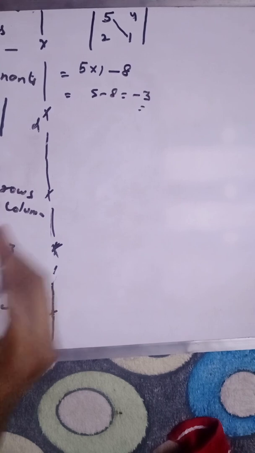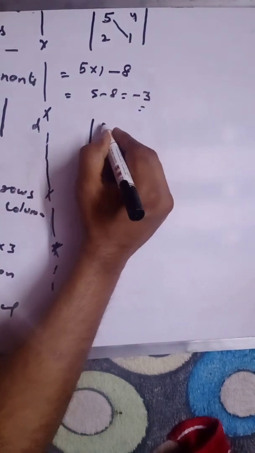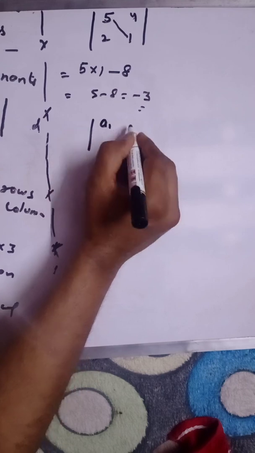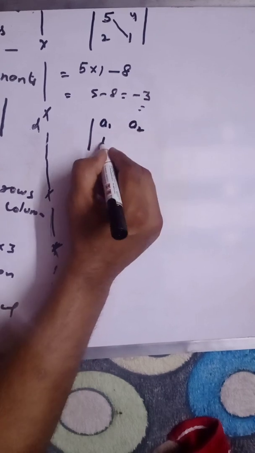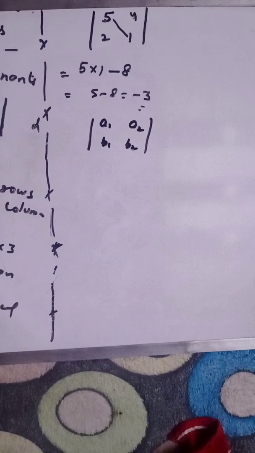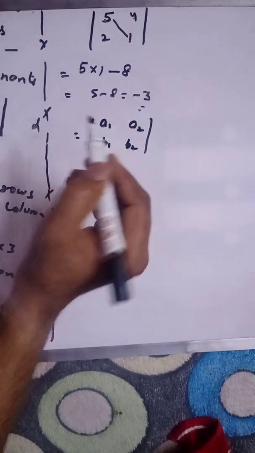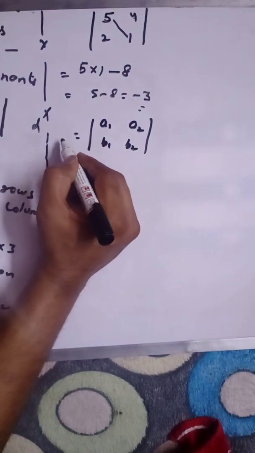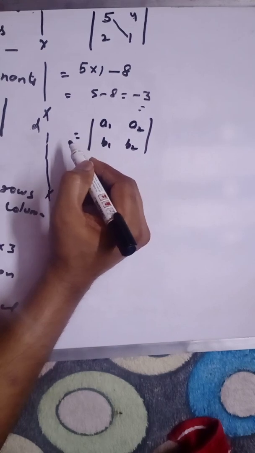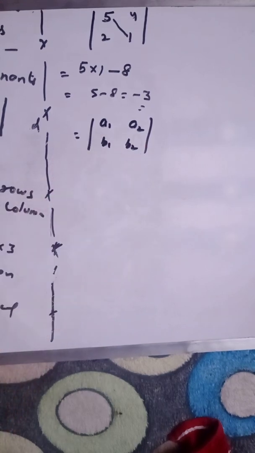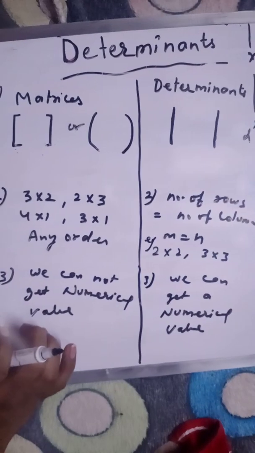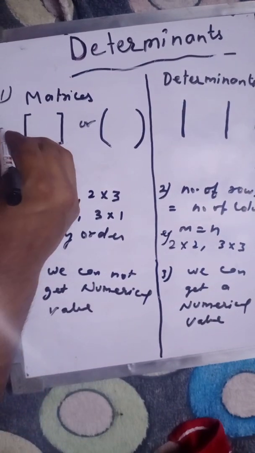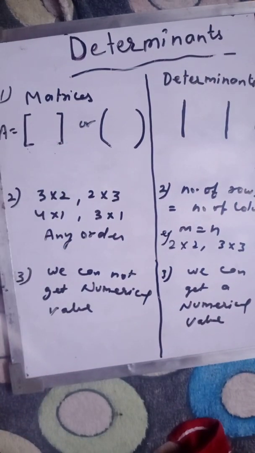Let's now take a general example. Fine. So suppose this is your A1, A2, B1 and B2. In matrices, we were using a symbol like A is equal to this matrix.